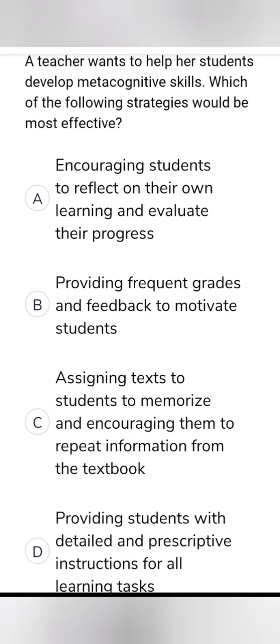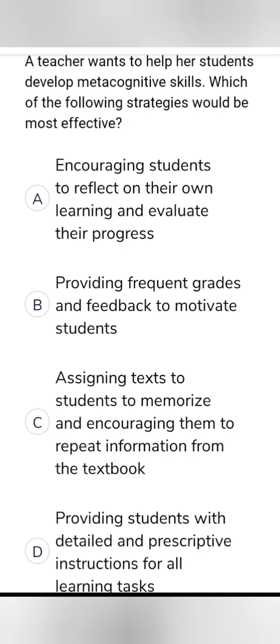Next question is, a teacher wants to help her students develop metacognitive skills. Which of the following strategies would be most effective? A. Encouraging students to reflect on their own learning and evaluate their progress. B. Providing frequent grades and feedback to motivate students.